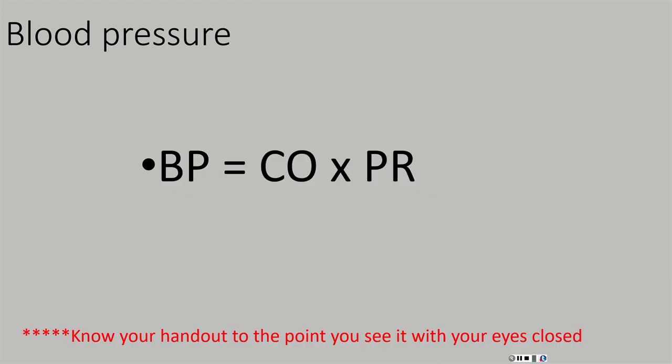So, blood pressure. Blood pressure is equal to cardiac output times peripheral resistance. That chart, that's the last page of your handout, I say know it to the point that you see it with your eyes closed. I am not going to ask you to reproduce that chart. But if you know that chart and the layout, then it's really easy to understand how all of those factors influence blood pressure.